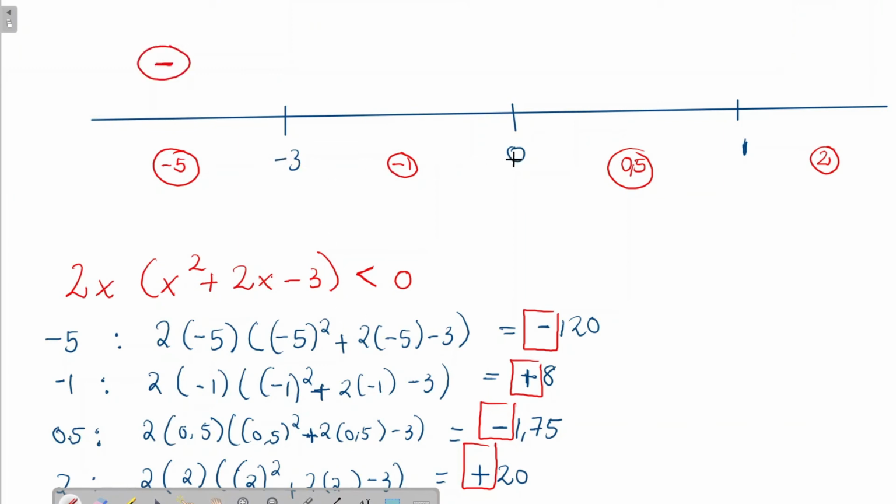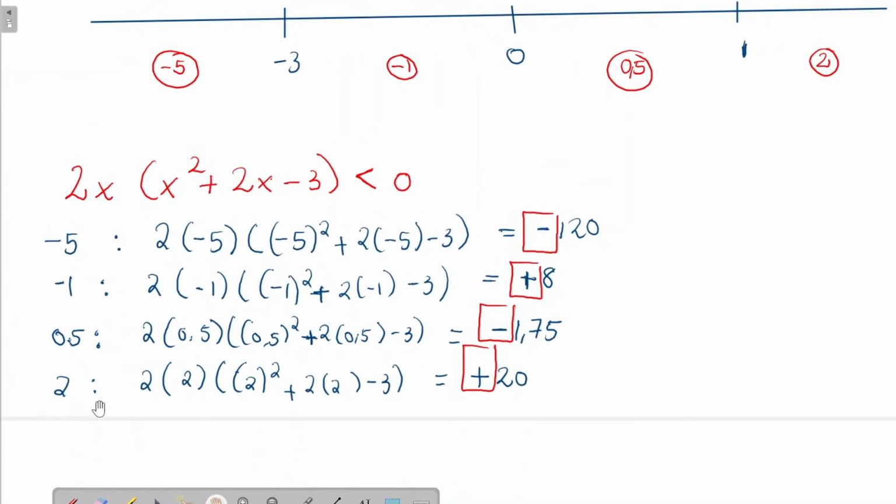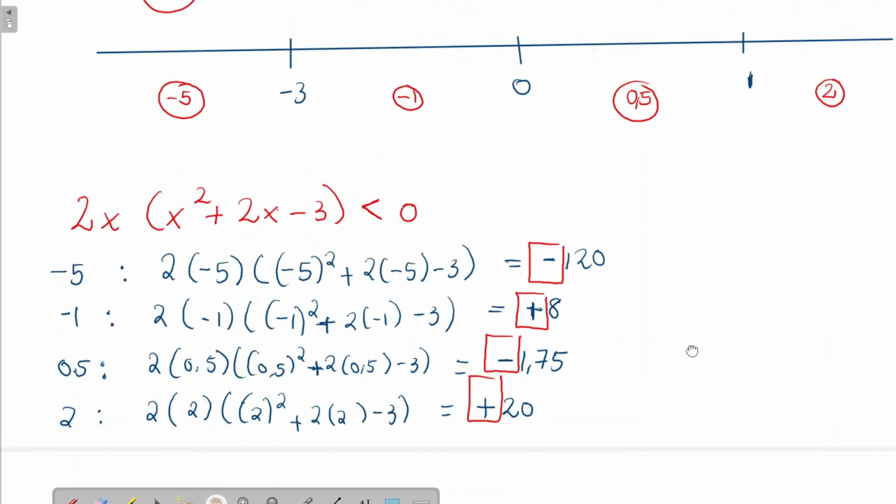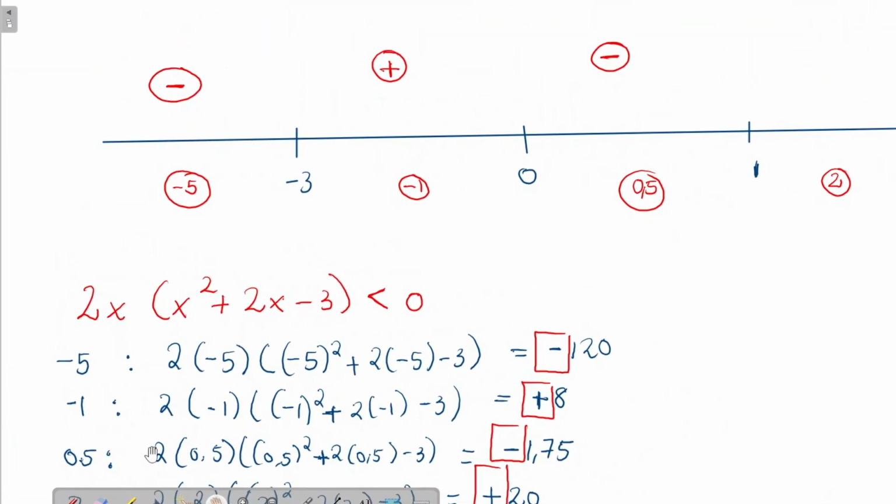Between -3 and 0, where we substituted -1, this function is positive. Between 0 and 1, where we substituted 0.5, this function is negative. And between 1 and infinity, where we substituted 2, this function is positive.